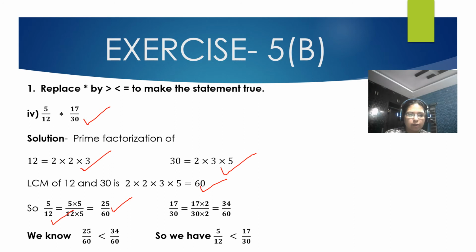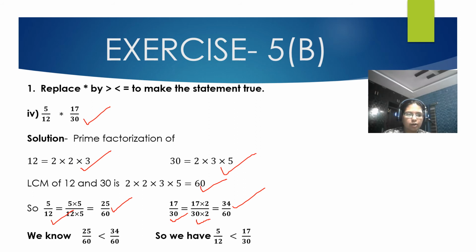So we have to multiply the number 2 with both numerator and denominator of 17 divided by 30. 17 multiplied by 2 divided by 30 multiplied by 2. 17 multiplied by 2 is 34 and 30 multiplied by 2 is 60. So 17 divided by 30 equals 34 divided by 60. And 17 divided by 30 and 34 divided by 60 are both equivalent fractions.